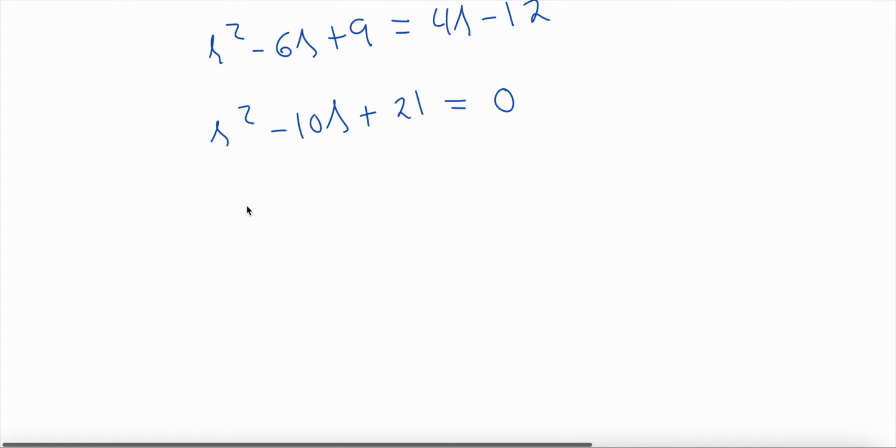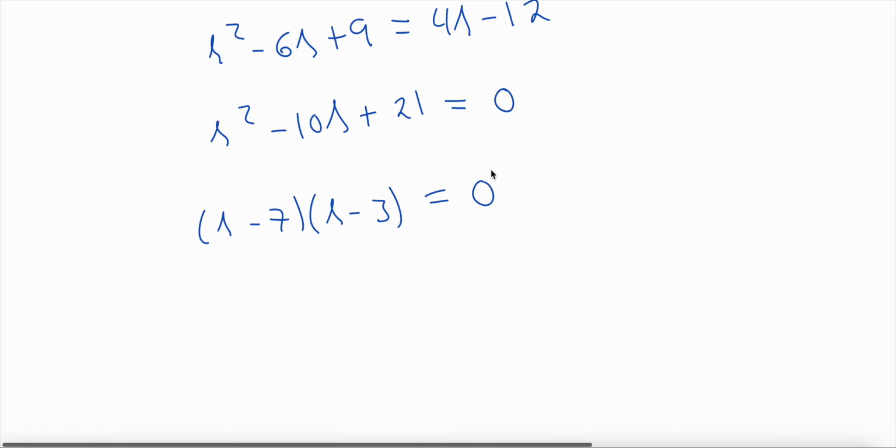And now we're going to want to factor this. And so we have h minus 7 and h minus 3, because negative 7 times negative 3 is 21, and negative 7 plus negative 3 equals negative 10.